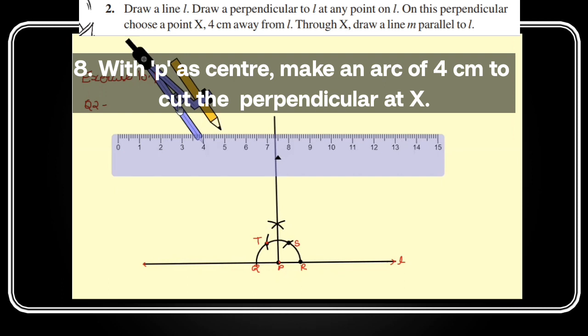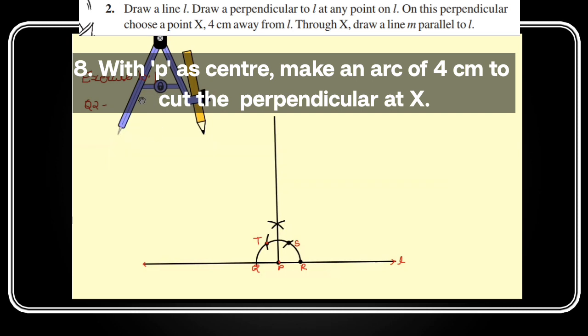The next step is to measure 4 cm in the compass and cut the perpendicular at X, taking P as center.